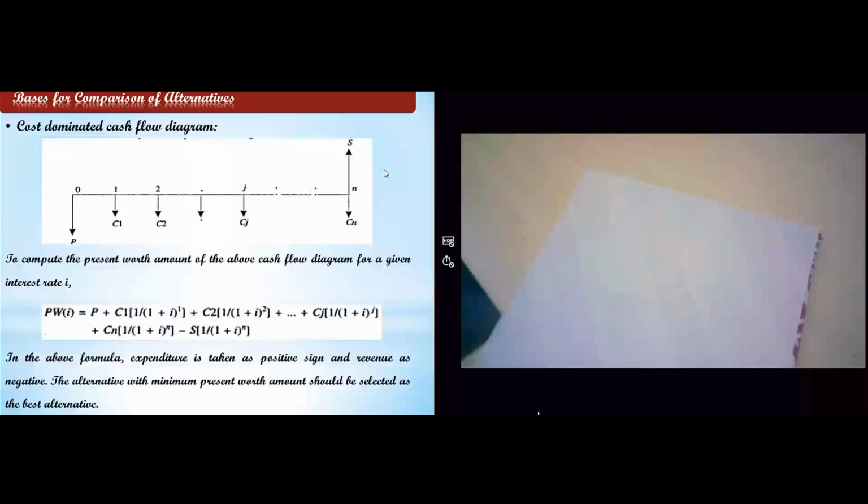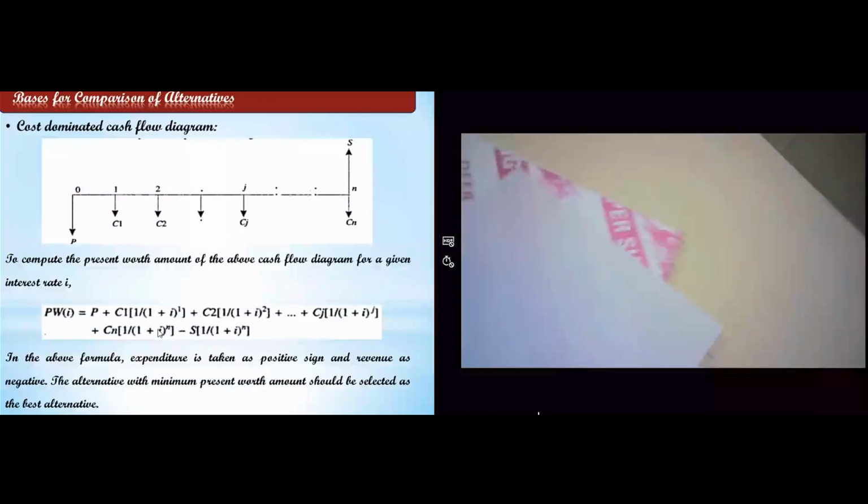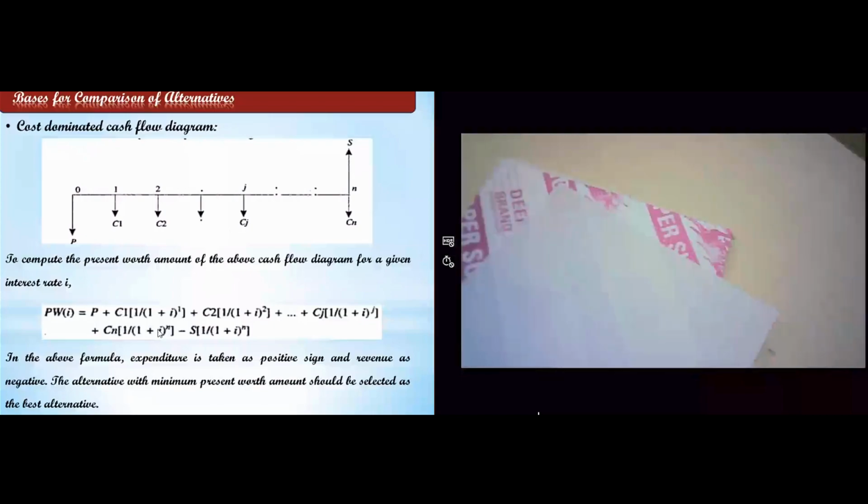Correct. So again, this equation you need not learn by heart. This is the same equation which we have learned in the second unit, that is time value of money. What they have done here is they have resolved this entire cash flow in one single step.